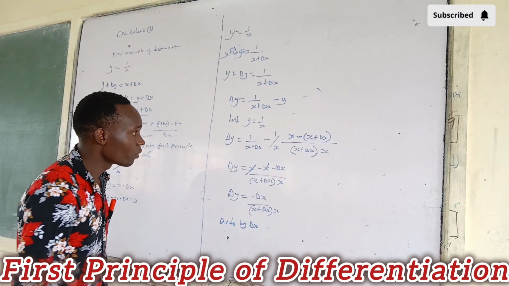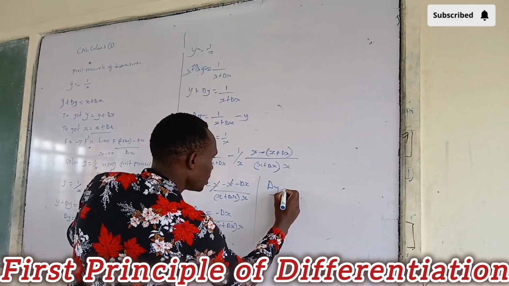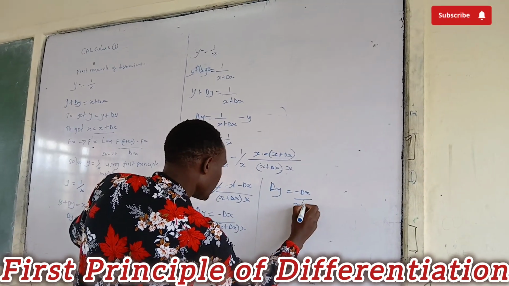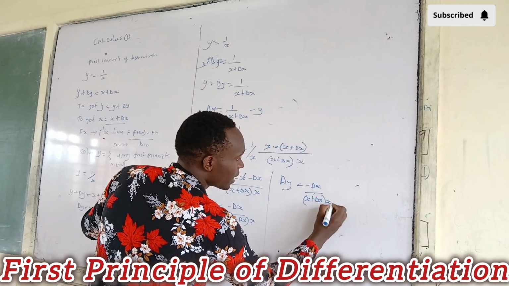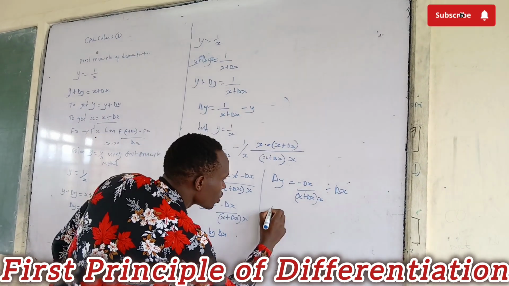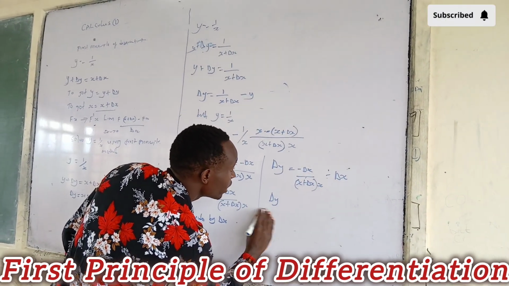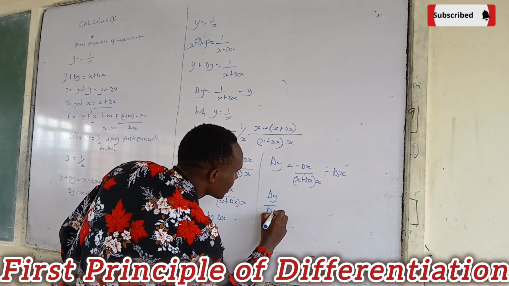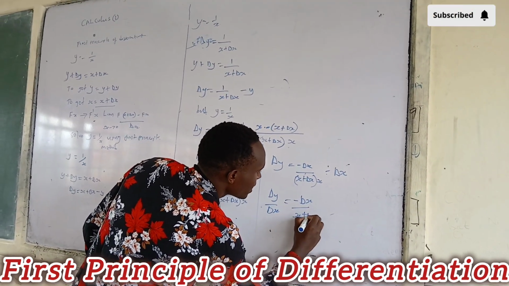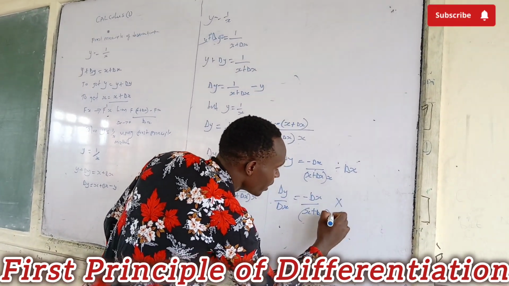So if I divide this by change in x, change in y divided by change in x is equal to negative change in x over x plus change in x multiplied by x, then multiply by the reciprocal.